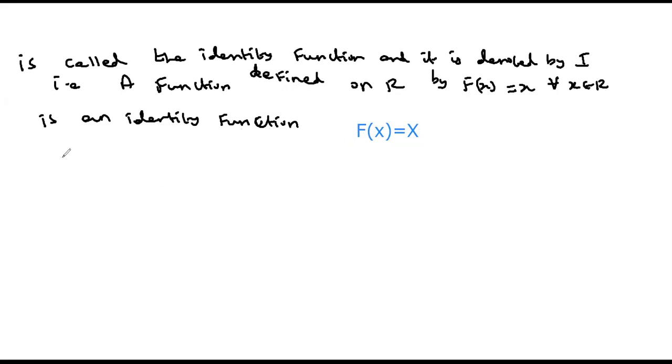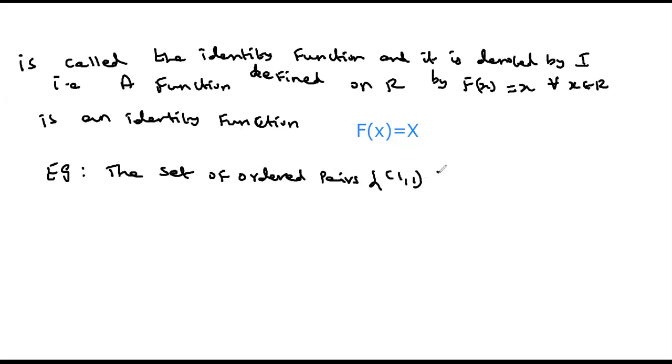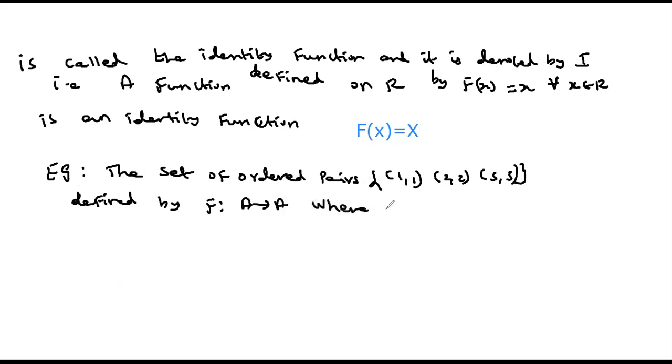The set of ordered pairs, the set containing (1,1), (2,2), (3,3) defined by f from A to A, where A is equal to the set containing 1, 2, 3, is an identity function.